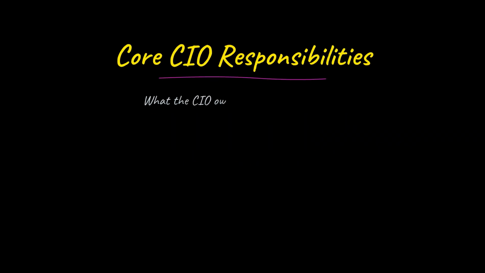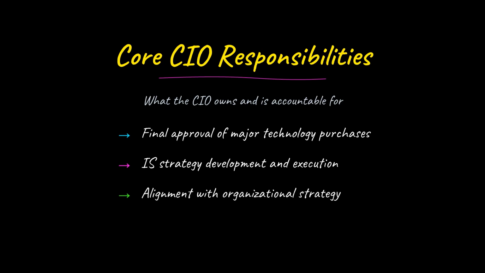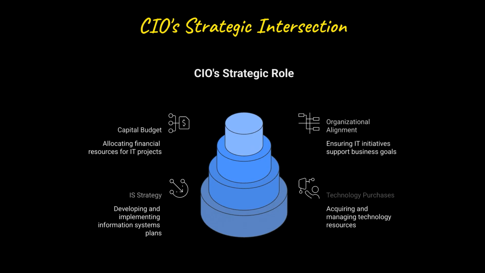The CIO carries 4 core accountabilities: approving significant technology acquisitions, leading information system strategy, ensuring that strategy aligns with where the broader organization is headed, and owning the capital budget from proposal through execution. The CIO sits at the intersection of technology, operations, and strategy. Rather than managing just one domain, the role bridges all 3, ensuring that what the IS department builds and buys actively supports organizational goals, not just technical ones.